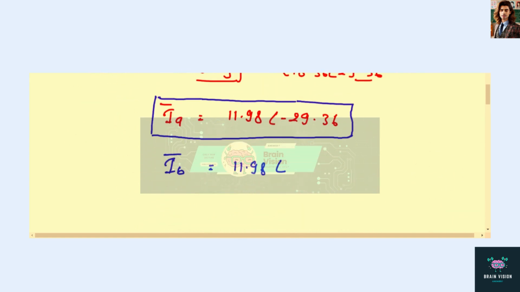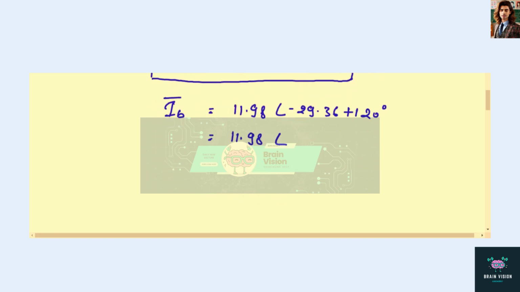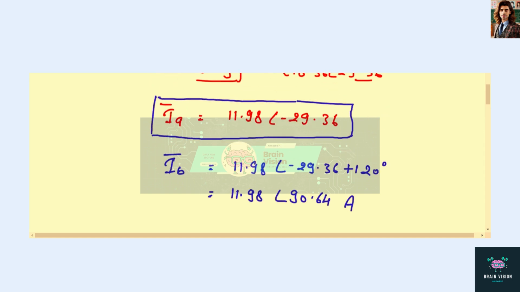So the angle of IB will be minus 29.36 minus 120, which gives 11.98 angle minus 149.36... the angle 90.64 amperes. The unit is also amperes. So this is our IB.